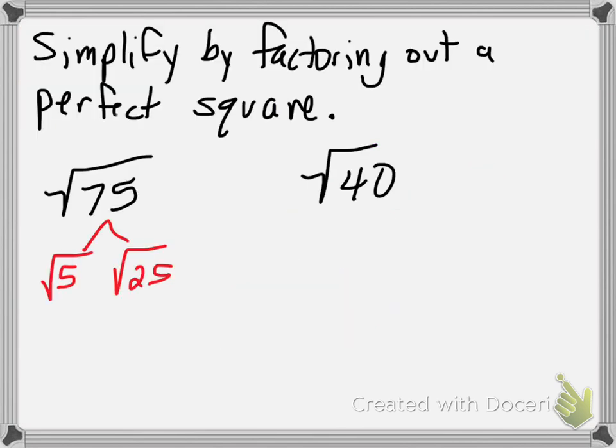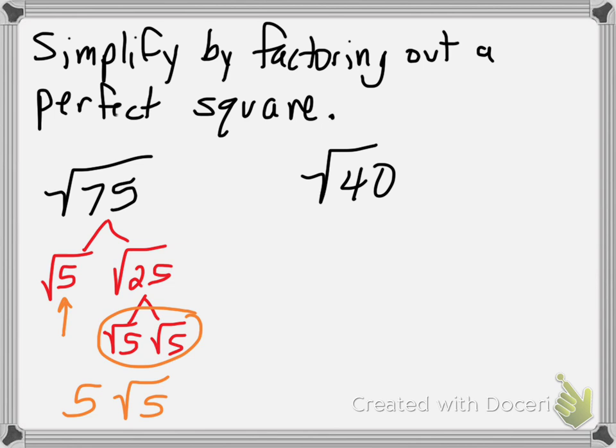Radical 25 can be broken down into radical 5 and radical 5, and those two, because it's a perfect square, come out as a 5. This radical 5 is all by itself. There's just one of them, so it has to stay in the radical as a radicand.